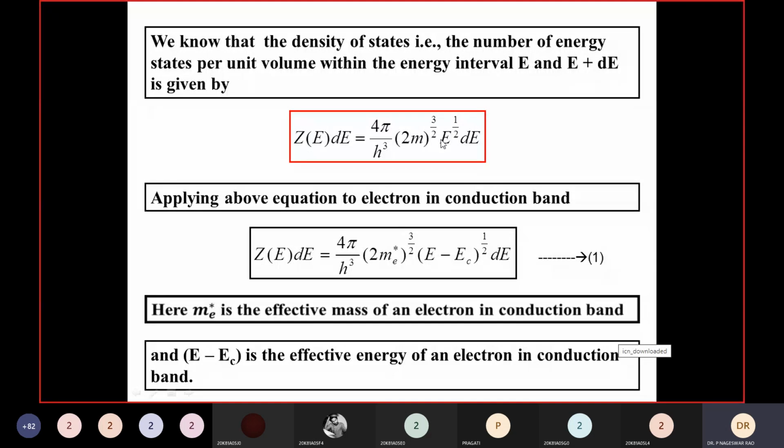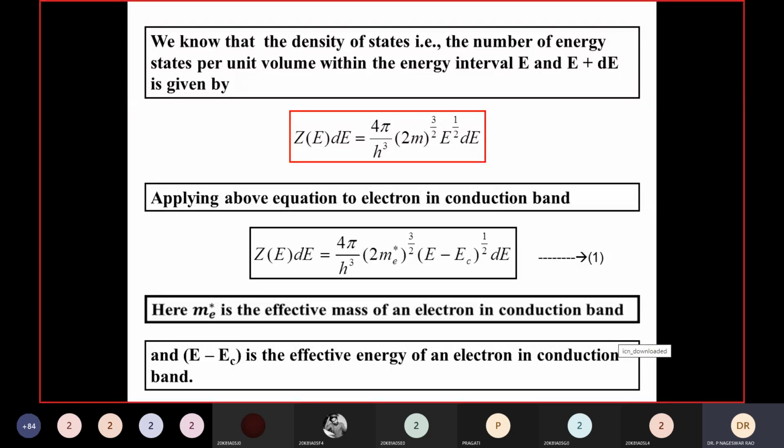Similarly for holes, in place of m, we take the mass of the hole, and in place of energy we take the effective energy of the hole, as we already discussed. The kinetic energy of the electron is approximately equal to the effective energy of the electron.